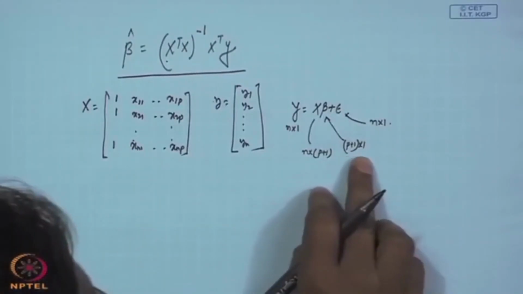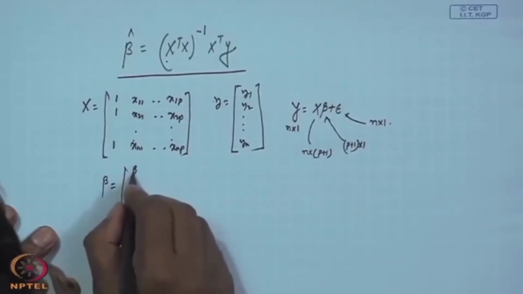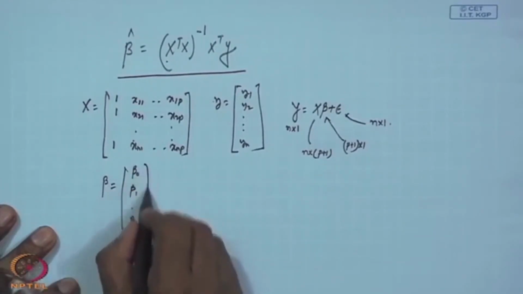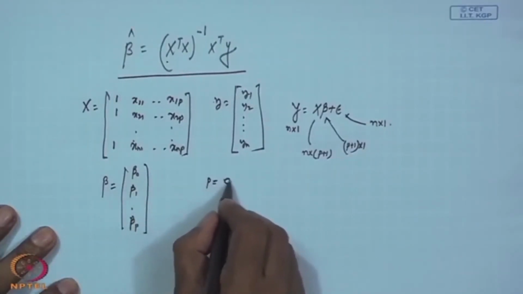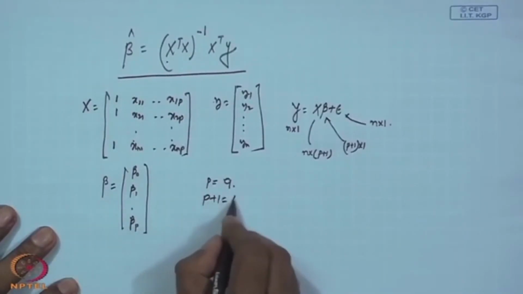So, our beta is beta 0, beta 1 to beta p. In this case, we have p equal to 9, so your total p plus 1 will be 10.